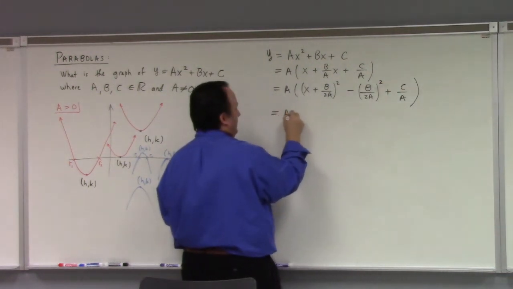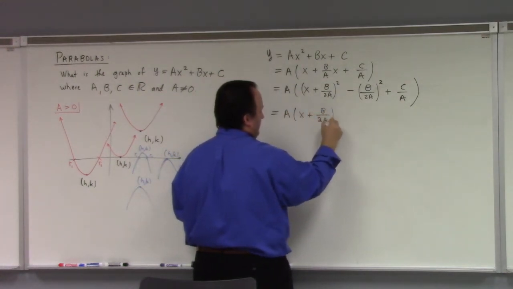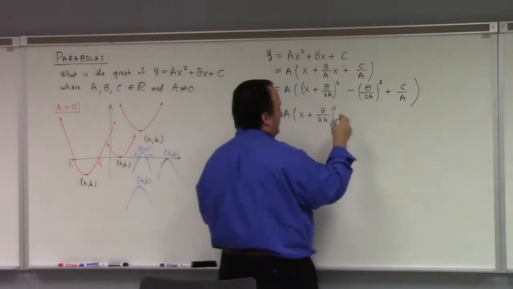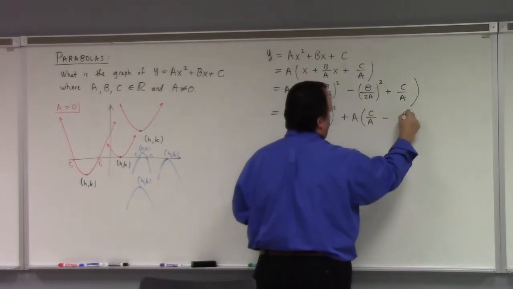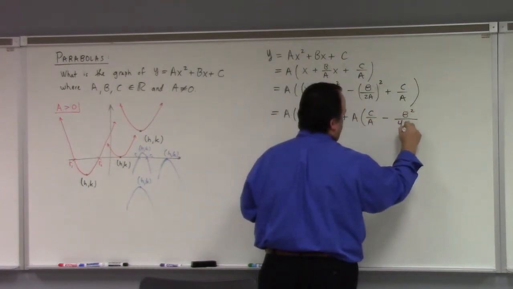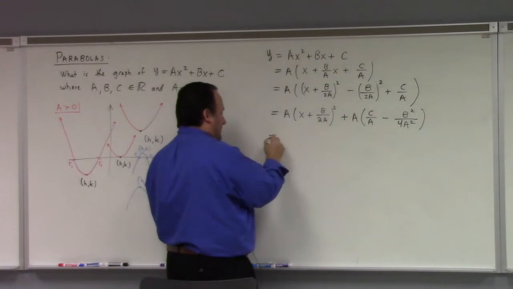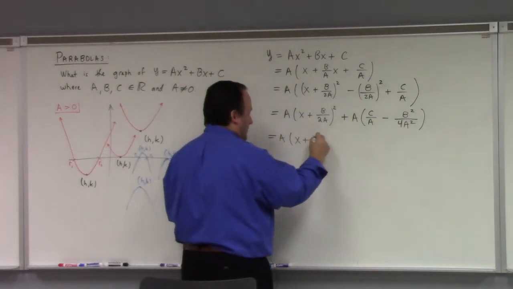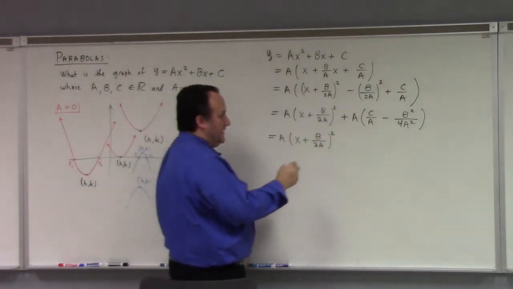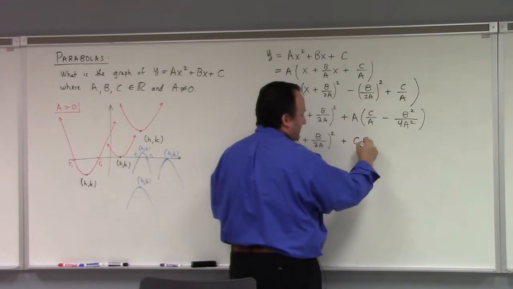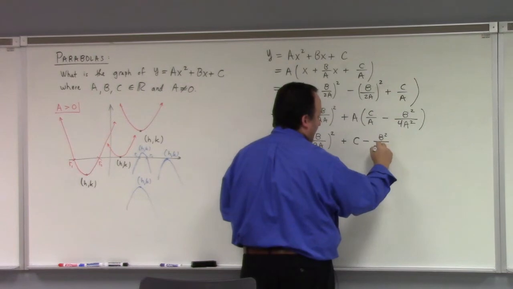So what we got is a times x plus b over 2a quantity squared plus a times c over a minus b squared over 4a squared, if I just flip those two terms around. And so what I have is a times x plus b over 2a quantity squared. And when I multiply that out, I get c minus b squared over 4a, I believe.